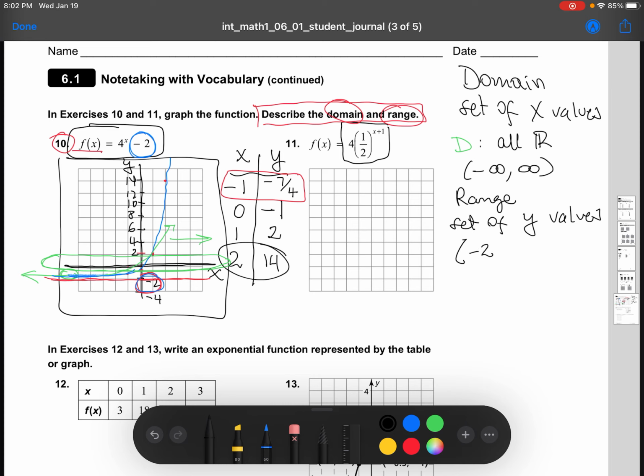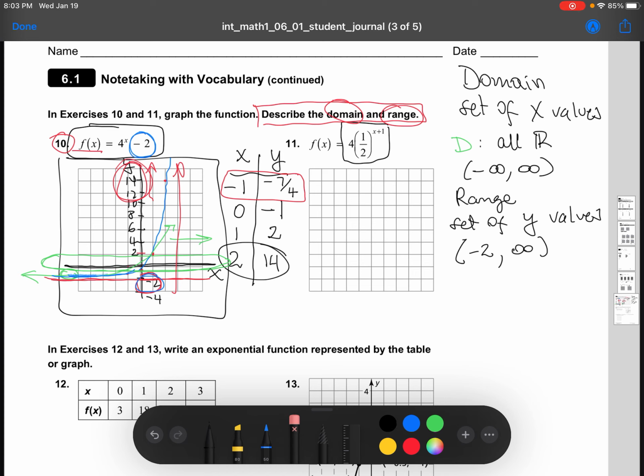But anyway, this is the lowest value. But as you can notice, this function is going to keep going up to higher and higher y values. So there's no limit, so I can say that it will reach infinity. And thus we have the description of the domain and the range.